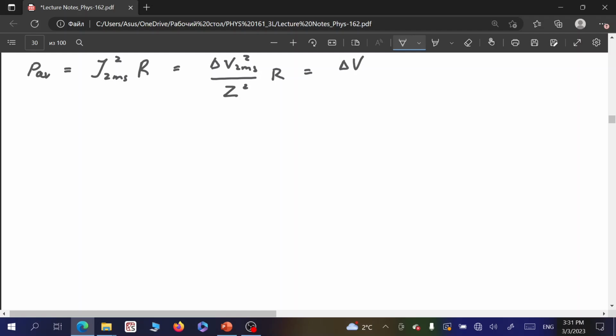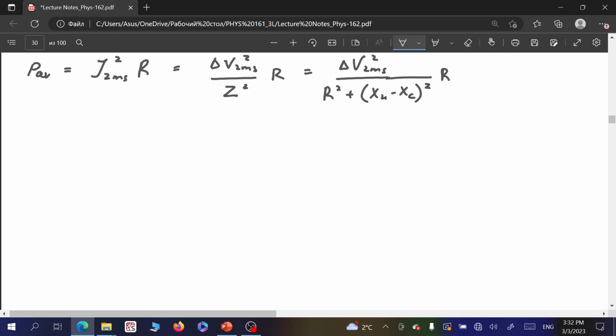So it will be delta V RMS squared over R squared plus (XL minus XC) squared, times R.